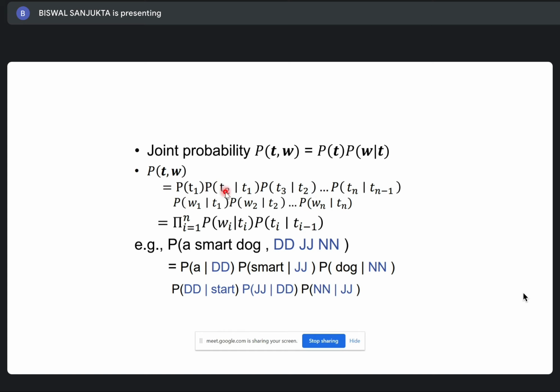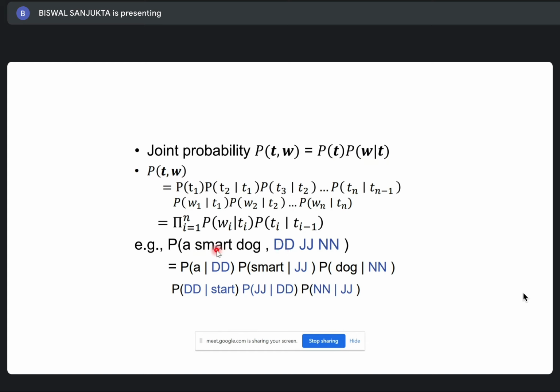So that is the first thing. The second thing is, we got P(T), the probability of the tag sequence, which is nothing but the probability of first tag into probability of second tag given first, probability of third tag given second, like that. What about this other term? It is saying probability of word sequence given tag sequence. Here also, in our normal sentence, a word, for example smart, is only dependent on its corresponding tag.